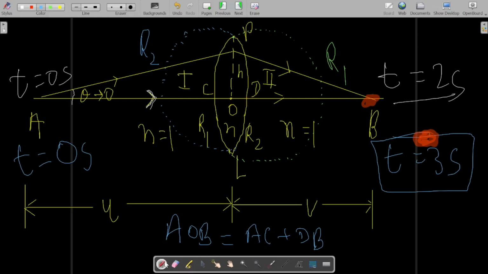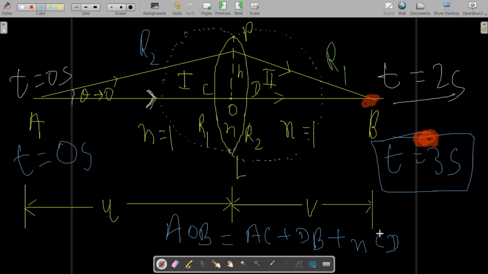So when something is traveled inside the lens, you write it as N times CD. You know this very well, that the optical path inside a medium having refractive index n will be n times the path traveled in air.